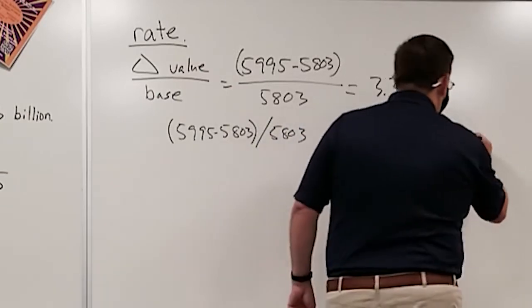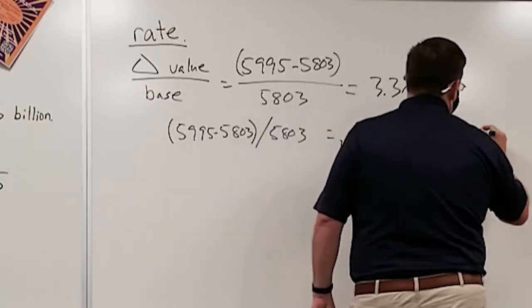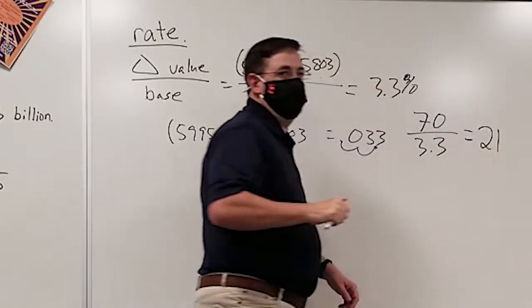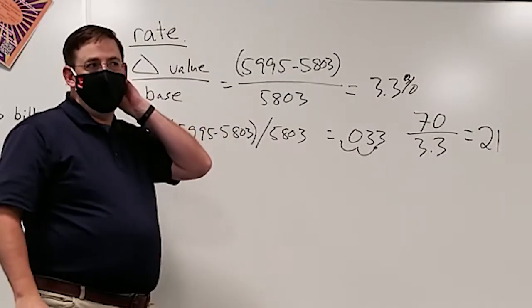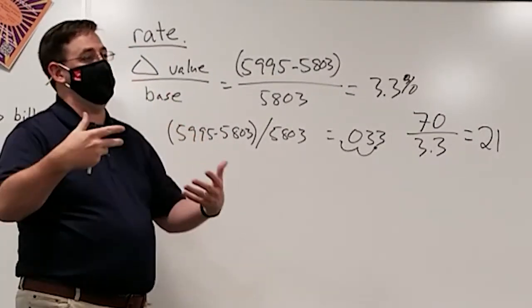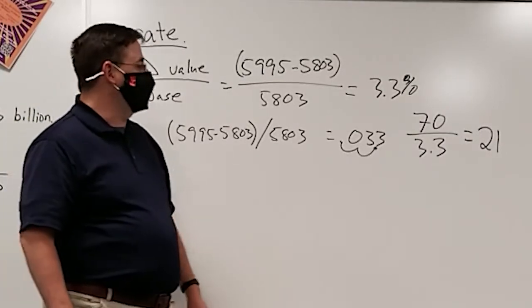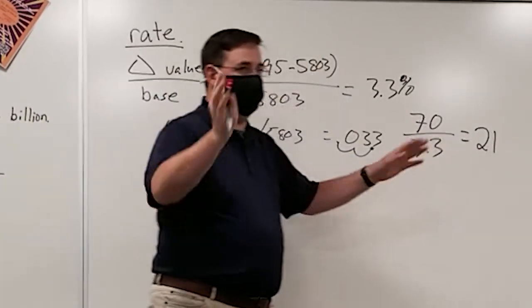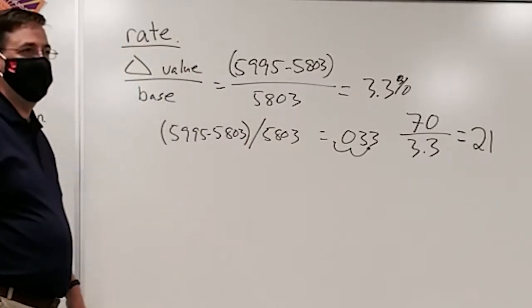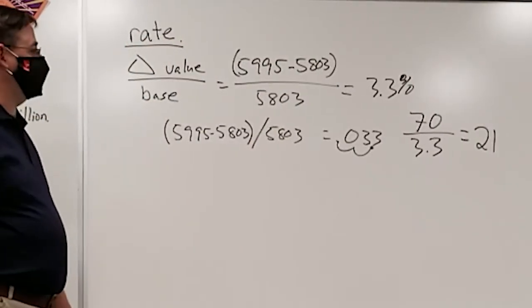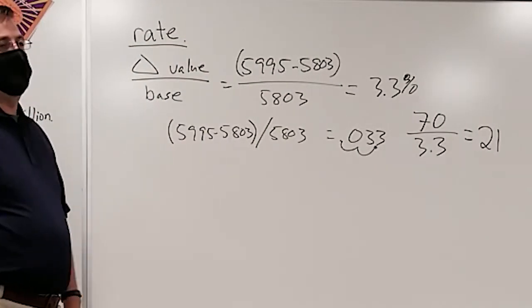So at that growth rate, GDP will double every 21 years. So your quality of life is doubling every generation. Your kids will be twice as well off as you are, if you get married and have kids at age 21, which is probably a little bit early.